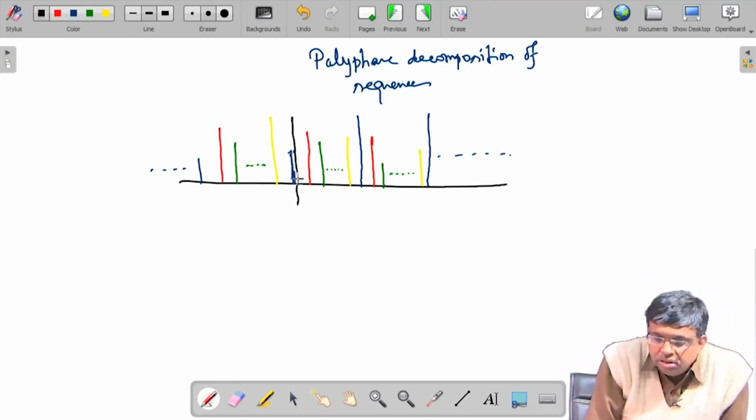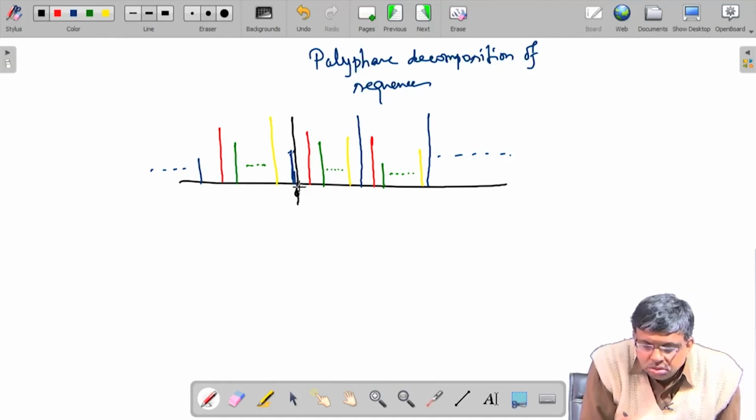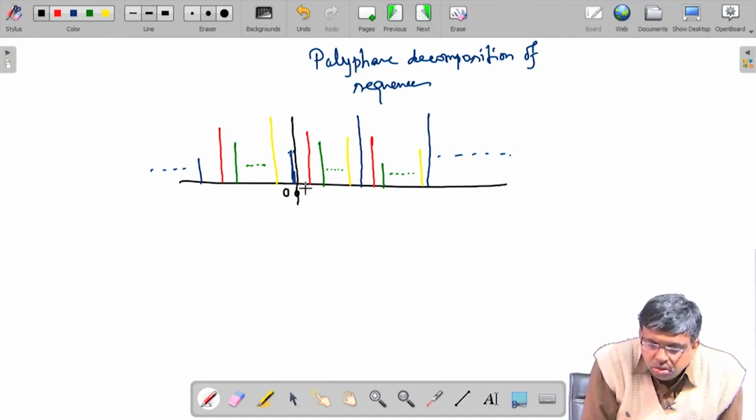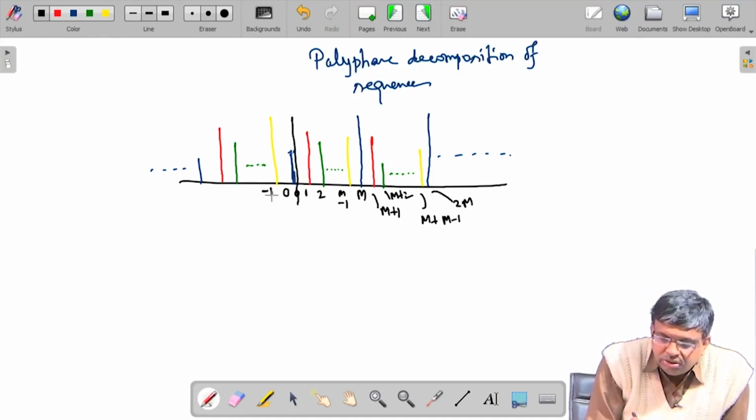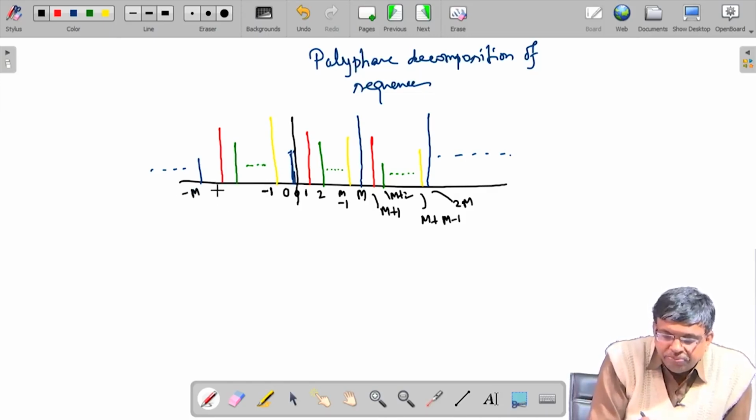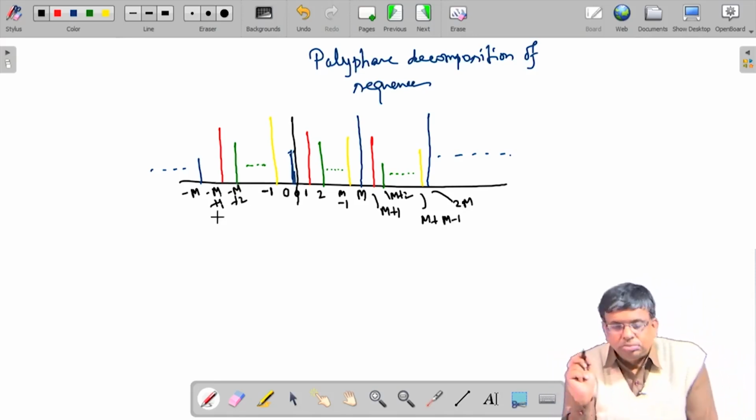The sampling points are, this is 0, 1, 2, this is m minus 1, this is m, this is m plus 1, m plus 2, this is m plus m minus 1, this is 2m, this is minus 1, this is minus m, this is minus m plus 1, this is minus m plus 2, dot dot dot.